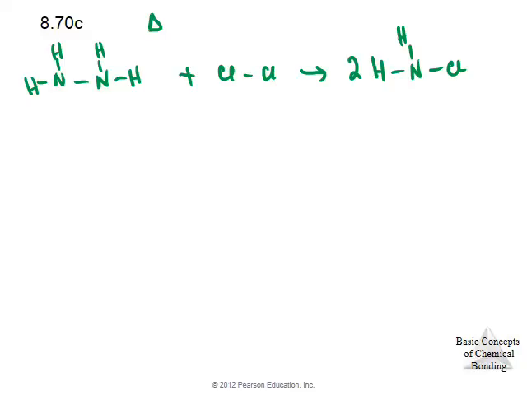Calculate or estimate the heat of reaction based on bond enthalpies. Here we are also going to ask the same question: which is the minimum number of bonds that I need to break, and on the right hand side, which is the minimum number of bonds that I need to make?